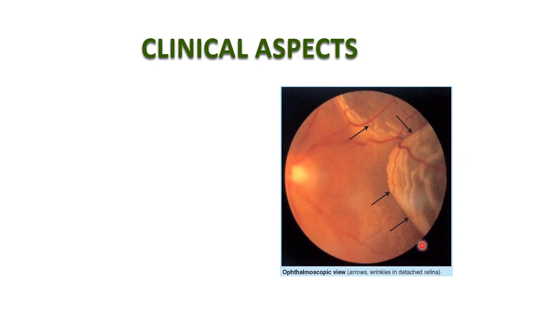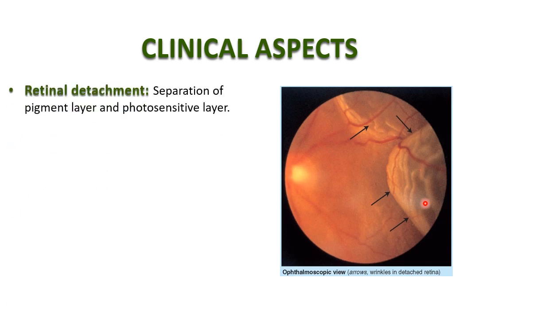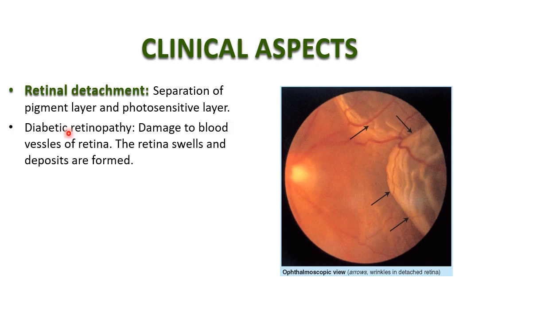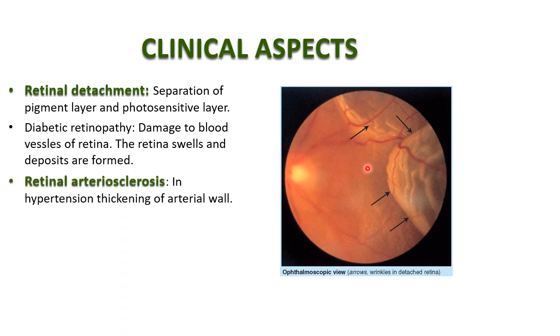Coming to the clinical aspects of the retina, one is retinal detachment, the separation of the pigment and photosensitive layers. You see irregular margins in retinal detachment. Then in diabetic retinopathy, the blood vessels to the retina get damaged, and you can see the retina swells and some deposits are formed.